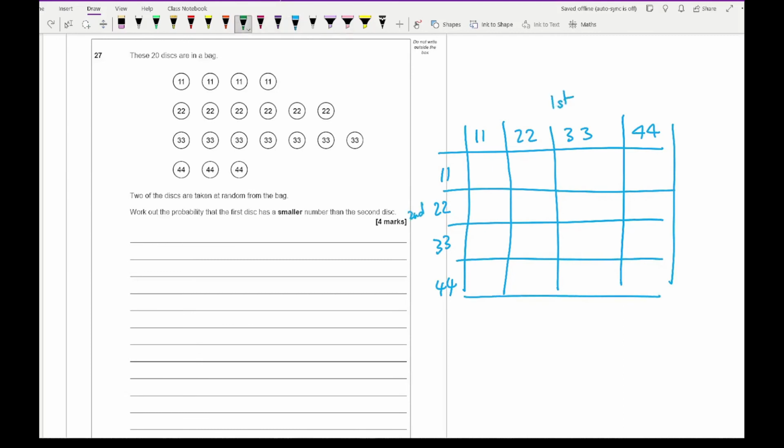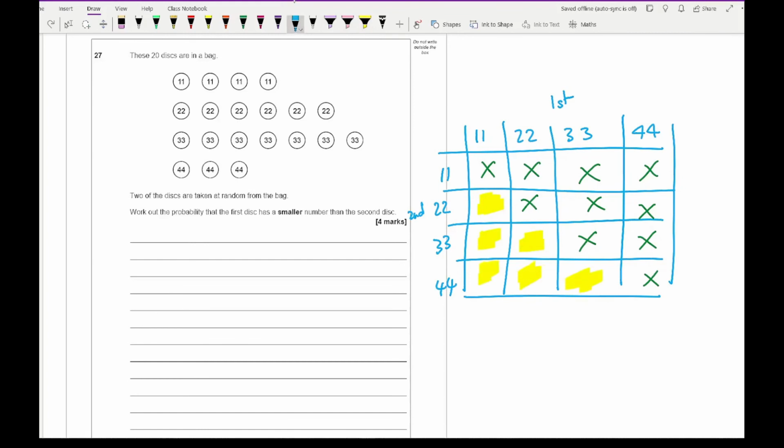In terms of viable options, I want the first disc to be smaller than the second disc. If I go for these, I don't need any of these because they're going to be the same. The ones that are going to be smaller are basically not going to be any of those. So the ones with green crosses are ones that aren't viable. So we're looking for either this one here, that one, that one, that one, that one, or that one.